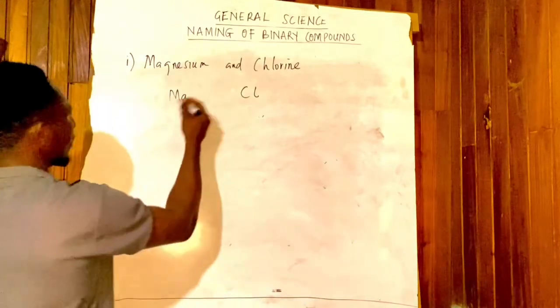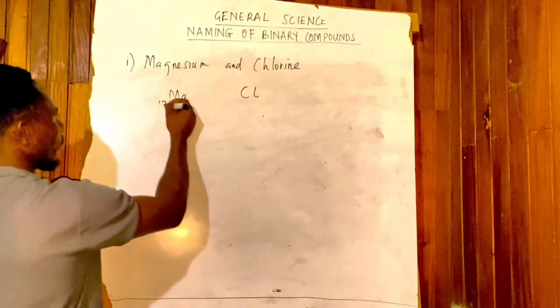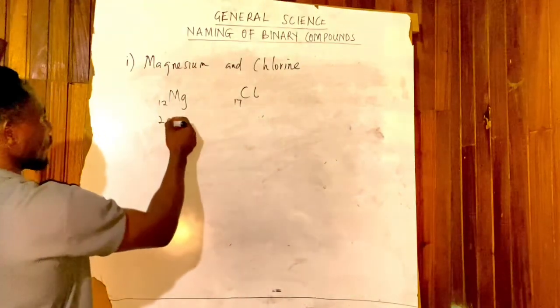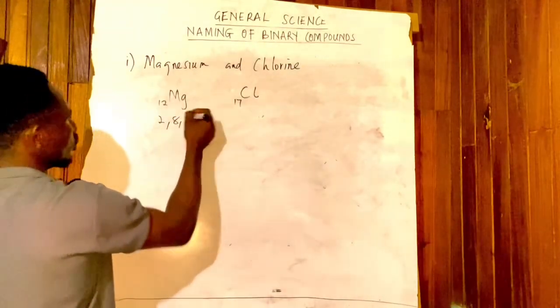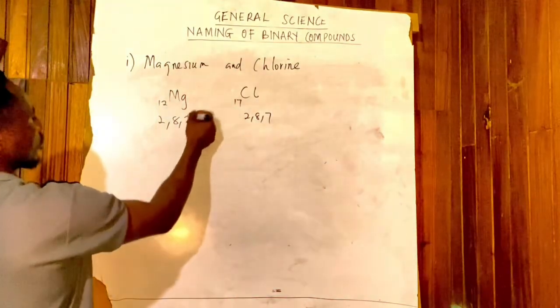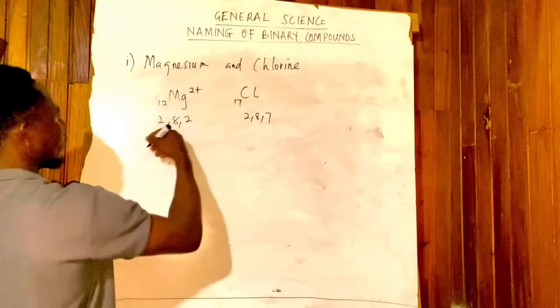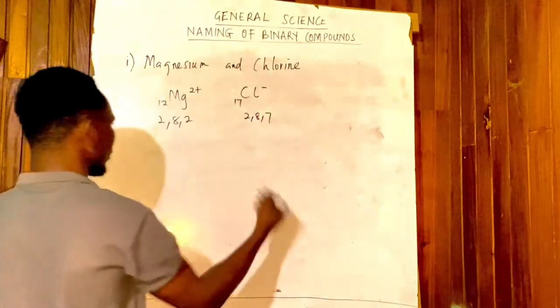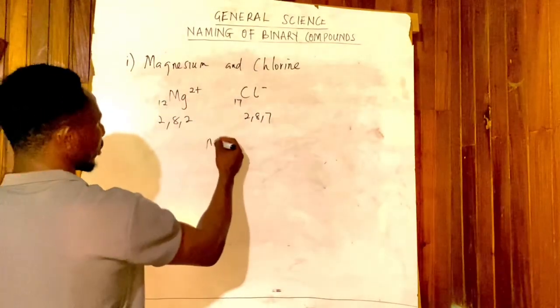So magnesium on the periodic table is having atomic number 12, chlorine 17. So this is having electronic configuration of 2, 8, 2. This is 2, 8, 7. Now, magnesium will donate these two to become positive. Chlorine here needs one to become stable, right?